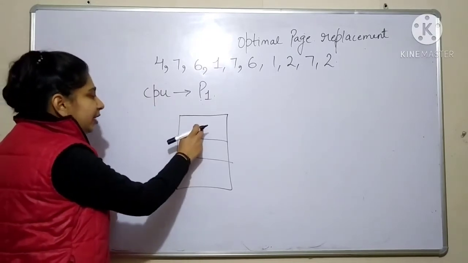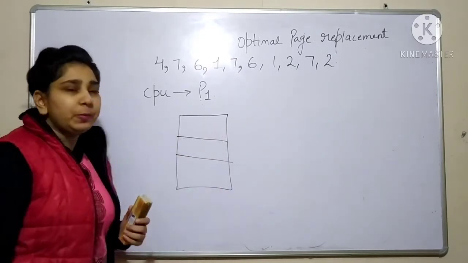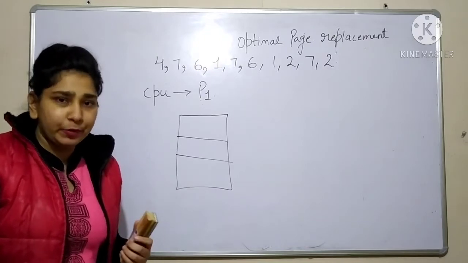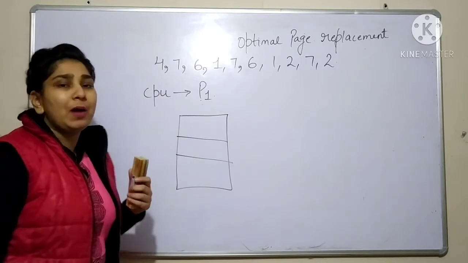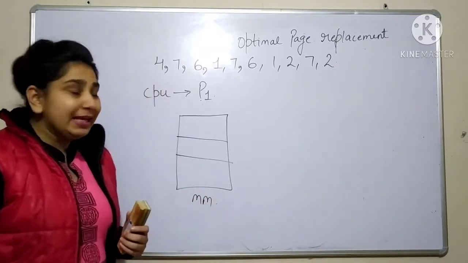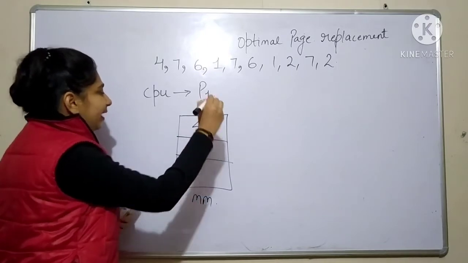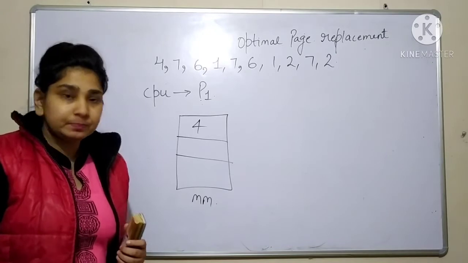Your CPU is requesting page number 4, so we will get a page fault, because page 4 is not present in the main memory. So we have to load this page 4 from hard disk to main memory. I am loading this page 4 of process P1 in main memory.